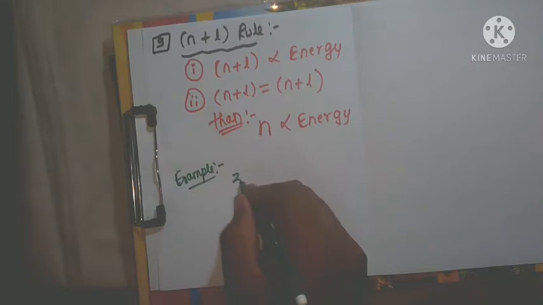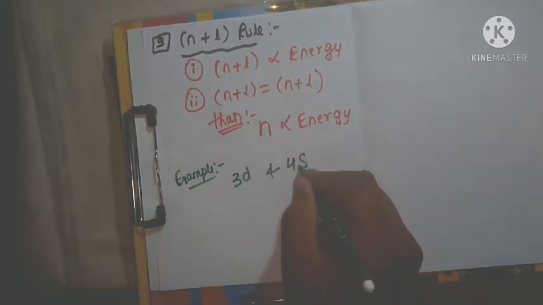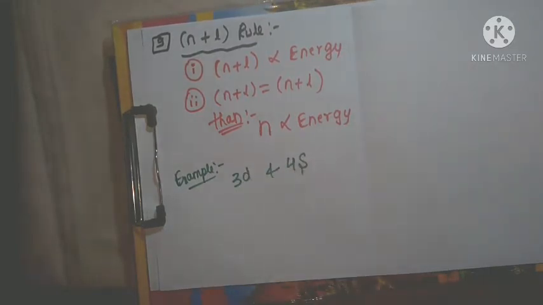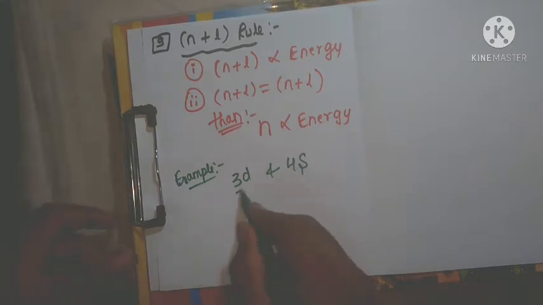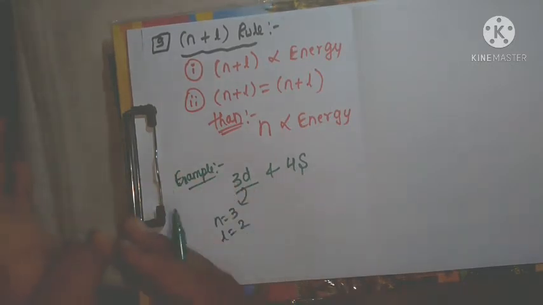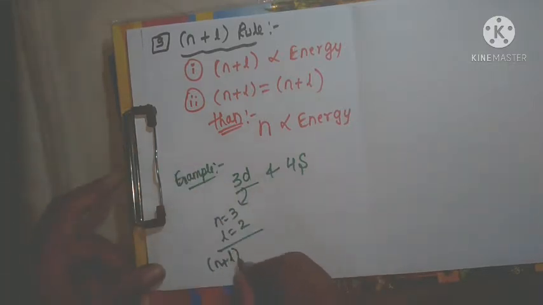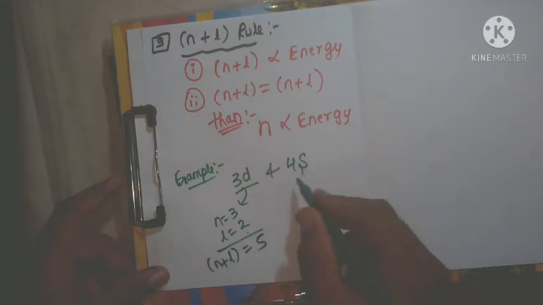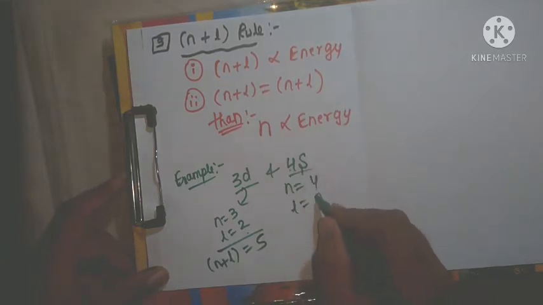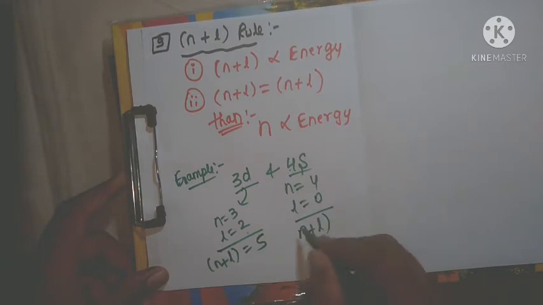First we will take 3d and 4s. Which one is having more energy? Here in 3d, what is the n value? 3. What is the l value? 2. 0 is s, 1 is p, 2 is d, right? Therefore n plus l value is how much? 3 plus 2 is 5, right? Here 4s, what is the n value? 4. What is the l value? s means 0. n plus l value, that is 4 plus 0, is equal to how much? 4.